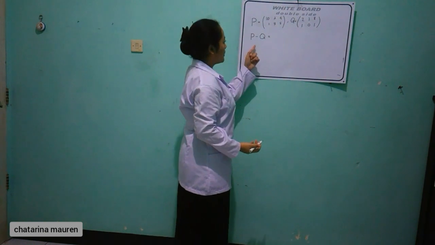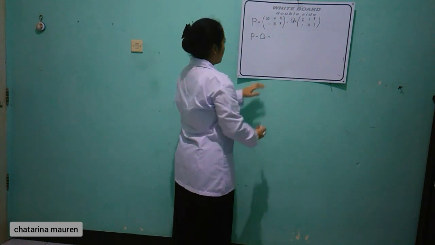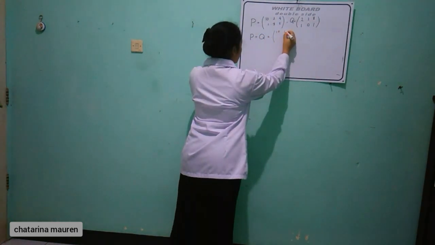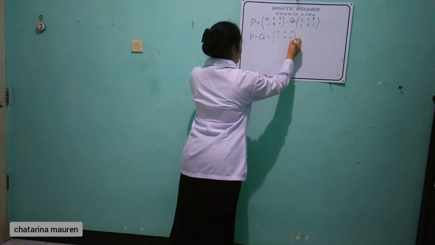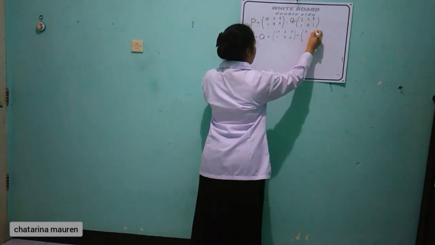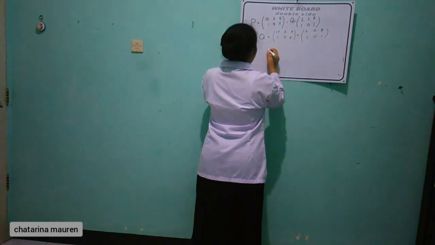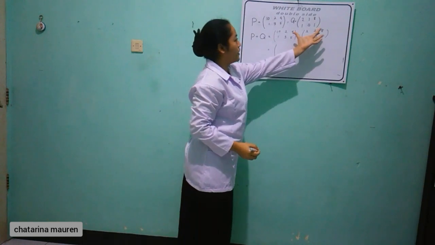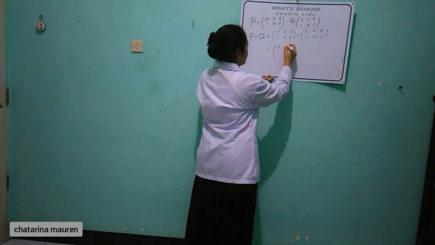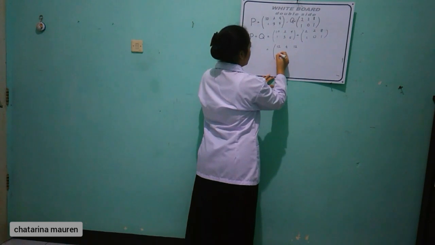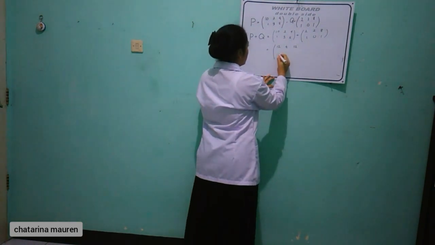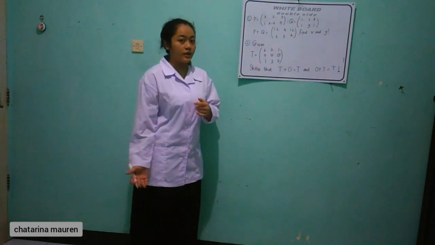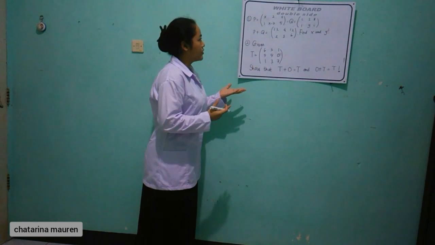And then we have P minus Q based on the definition, and P plus Q is the sum of each corresponding element.